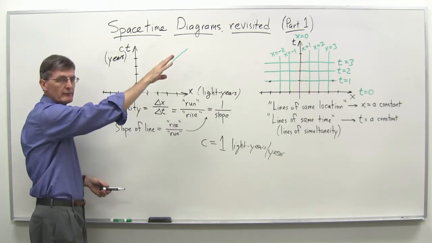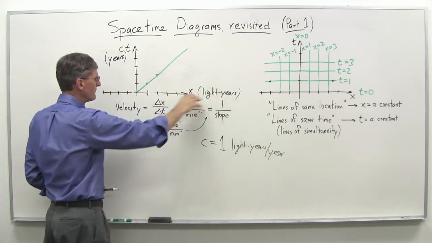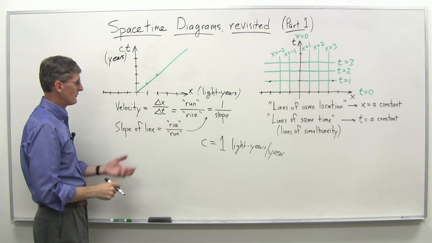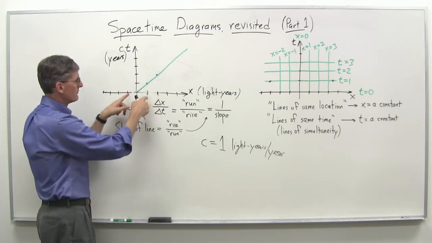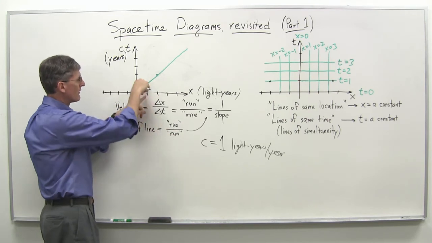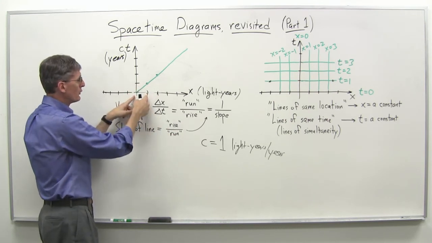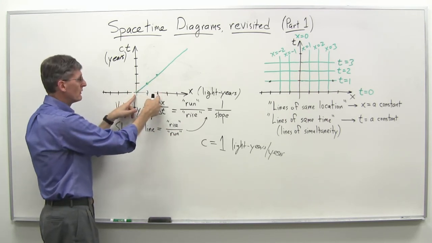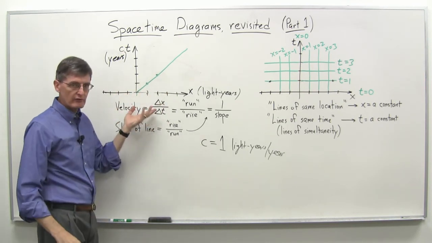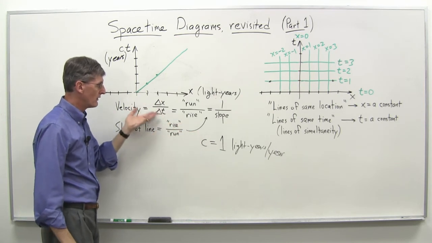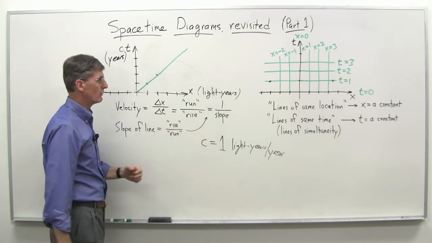It's not traveling at some angle here. It's just going along the x-axis at an angle of 45 degrees on the diagram. So that's actually a slope of 1 because if you've got rise over run, the rise here is 1, the run is 1. Or if you go over here, the rise is 2, run is 2, and so on and so forth. And that means the velocity is 1 as well. It's 1 over the slope. In other words, the velocity is 1 light year per year.